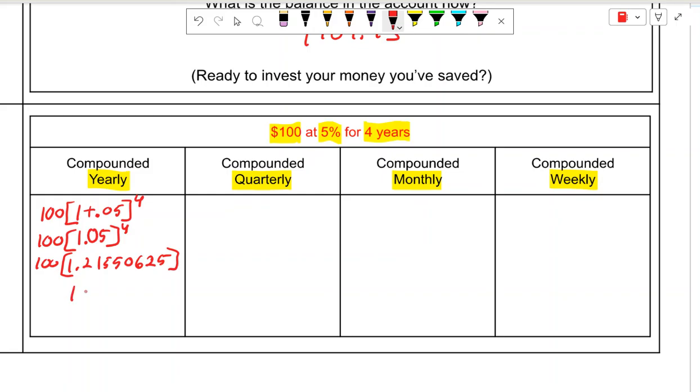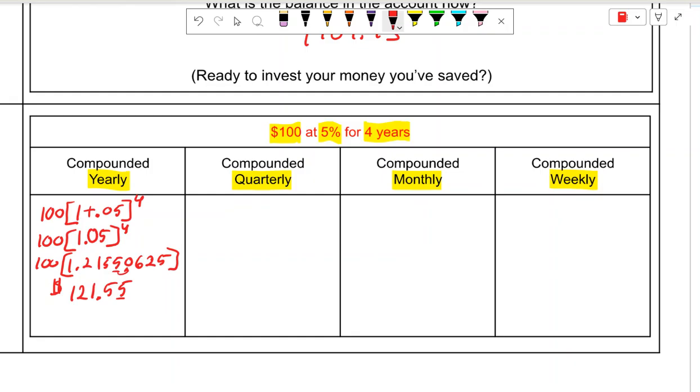And so my answer is 121.55. And I won't have to round it at all because the next spot here would be the 0. So after 4 years at 5%, $100 is now going to give me $121.55. Doesn't seem like a big deal.